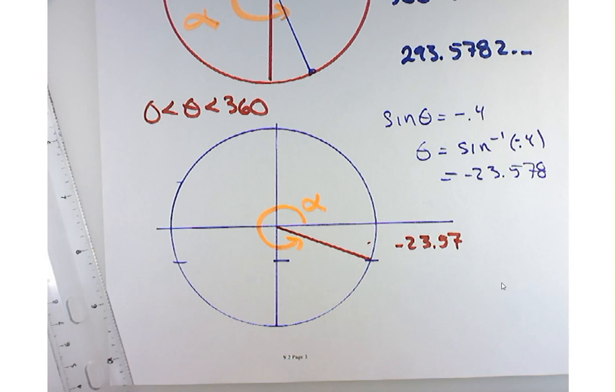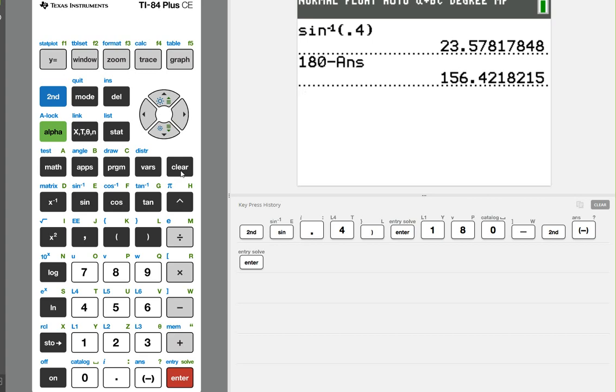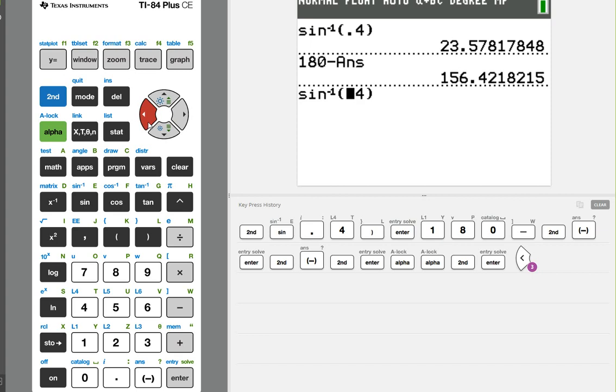So let's take a look here. So the inverse sine, let's see. I'll cheat and go this way. There we go. I just need to put in negative 0.4 here.